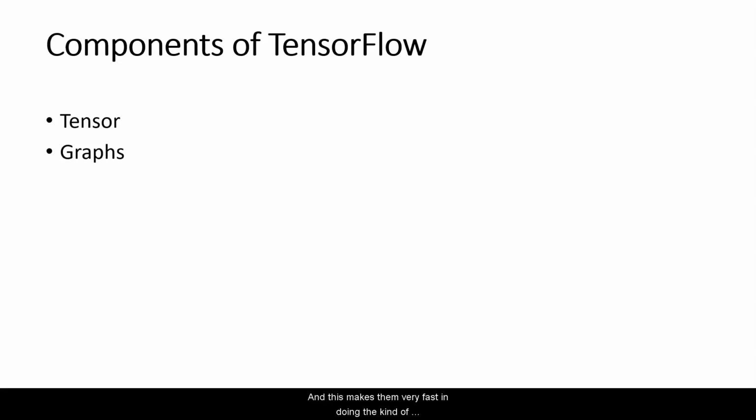And this makes them very fast in doing the kind of calculations which are important for deep neural networks. As we know, deep learning relies a lot on such matrix multiplication.